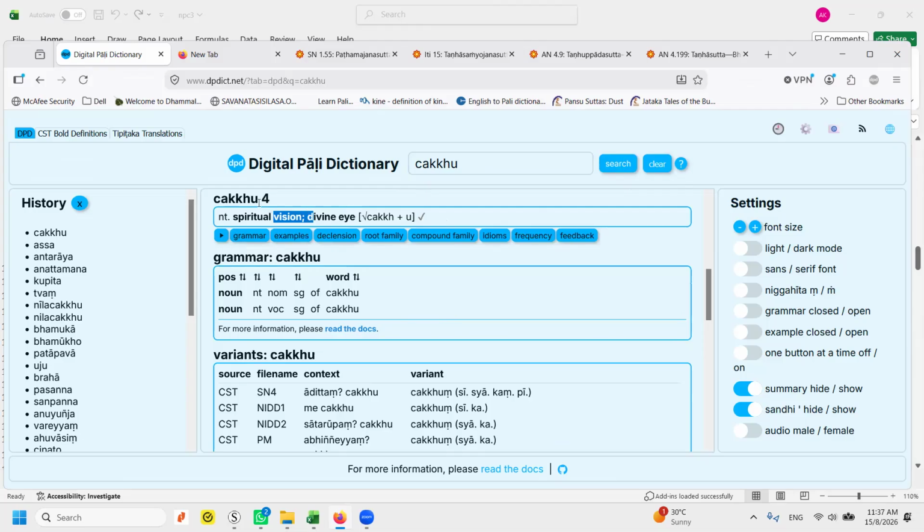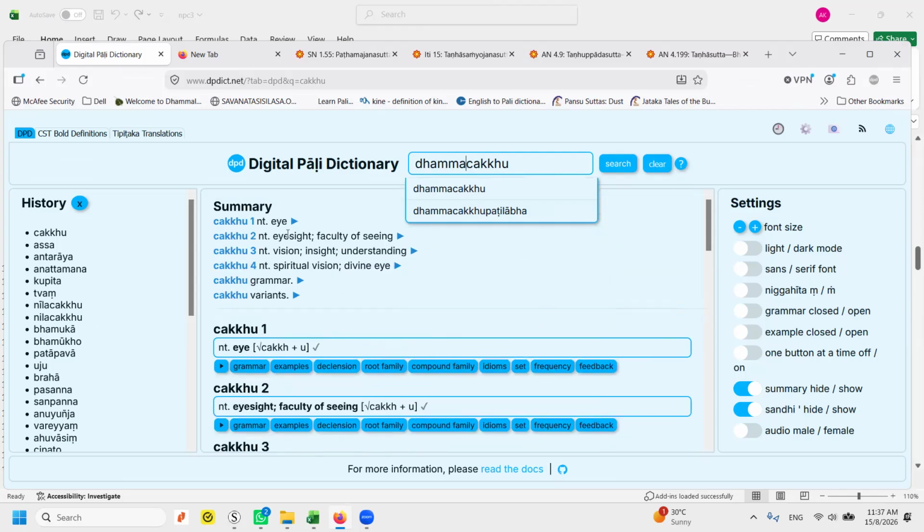So here, when it says spirit, divine eye means Dhamma chaku. Dhamma chaku is divine eye, but the divine and the spiritual must be thrown out, because it's chaku number 4, eye.